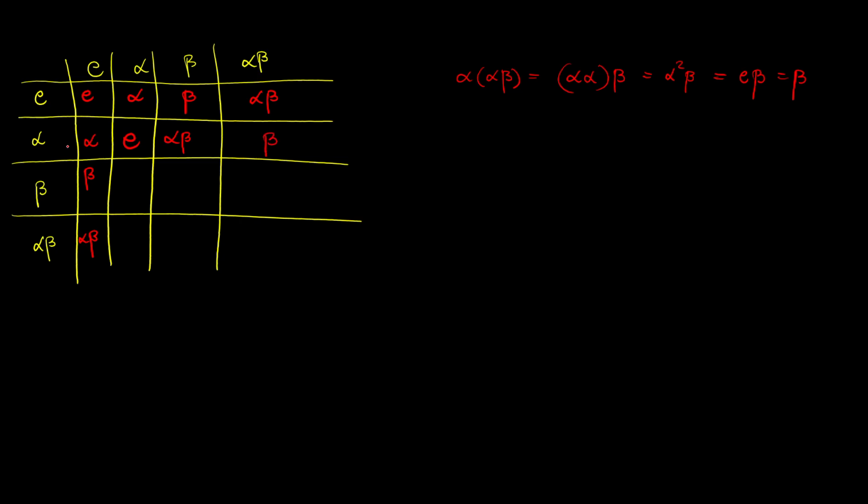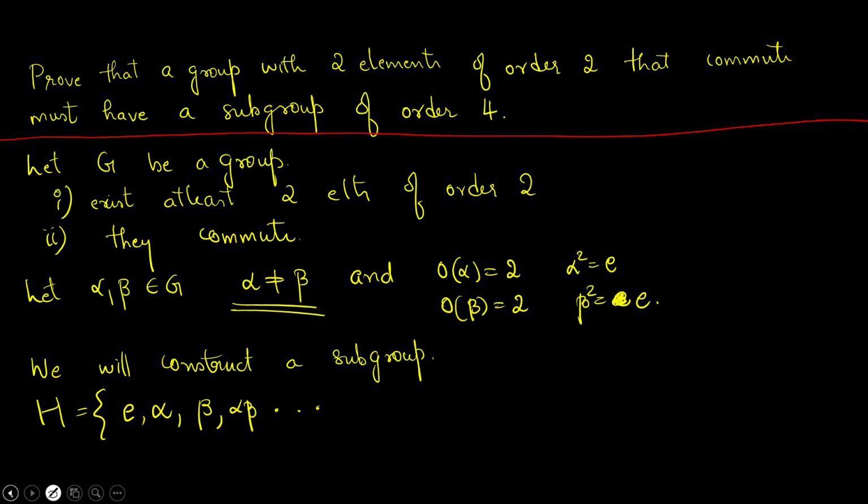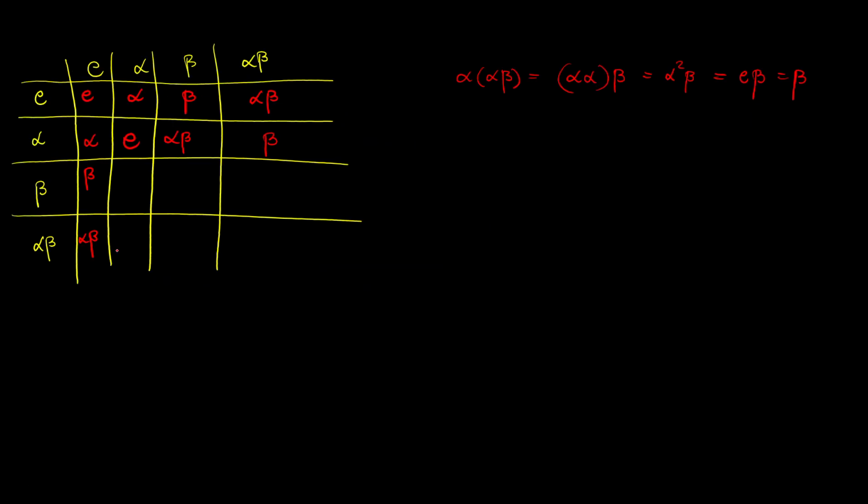Okay. Now what is beta alpha? Beta alpha, we know that it commutes, right? We have that alpha and beta commute. What does that mean? Alpha beta is equal to beta alpha, right? So here we will have beta alpha equal to alpha beta. Okay. Now beta times beta is beta square, which is identity. Now beta times alpha beta.